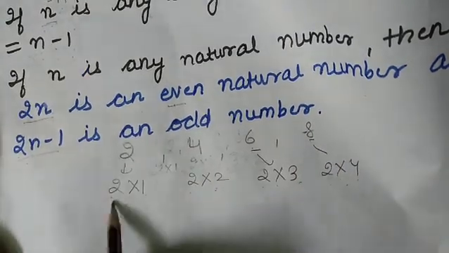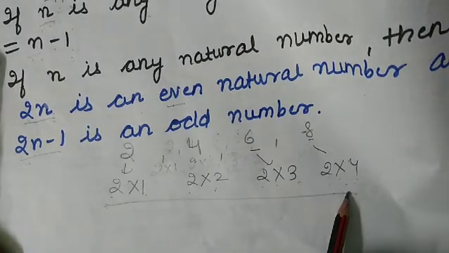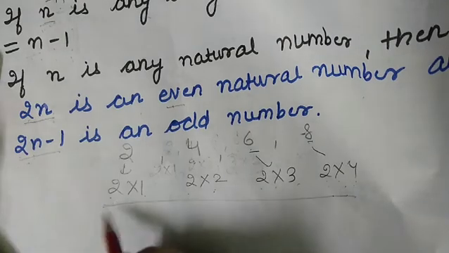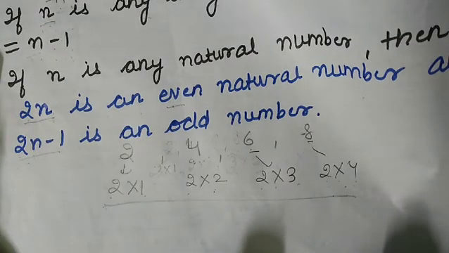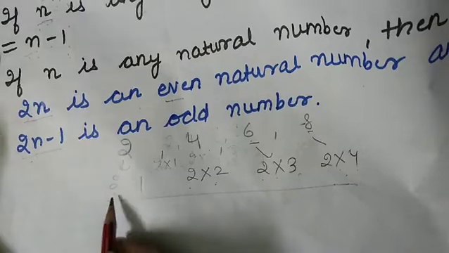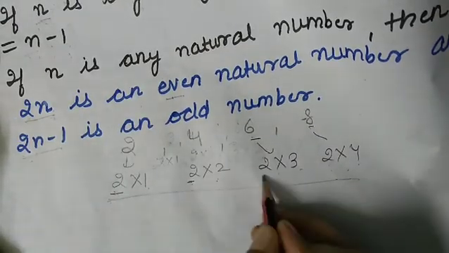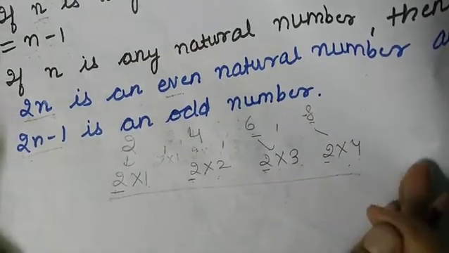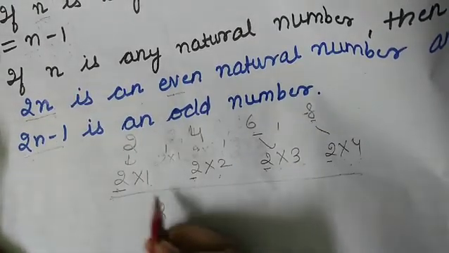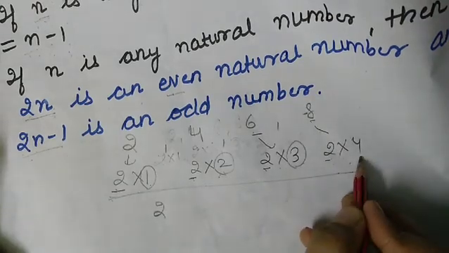Now, in the series of even numbers, we are observing some pattern, that is, some similarities. In these factors, the first factor of each even number is the same, that is 2. Now these other values are changing: 1, 2, 3, 4.